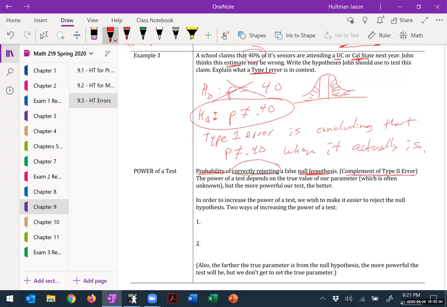The two are opposite of each other. So this is the probability of not getting a type 1 error. The power of a test depends on the true value of a parameter, which is often unknown. But the more powerful our test, the better.